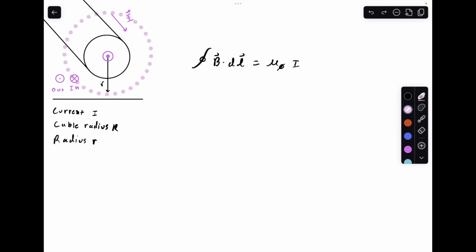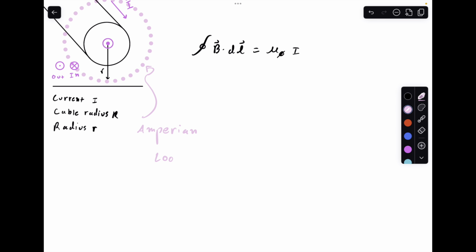This shape, this circle that we just dragged up here, is called an Amperian loop. You can see kind of the symmetry between the two: we have Gaussian surfaces and Amperian loops. It's pretty cool if you think about it. I like the naming system personally.